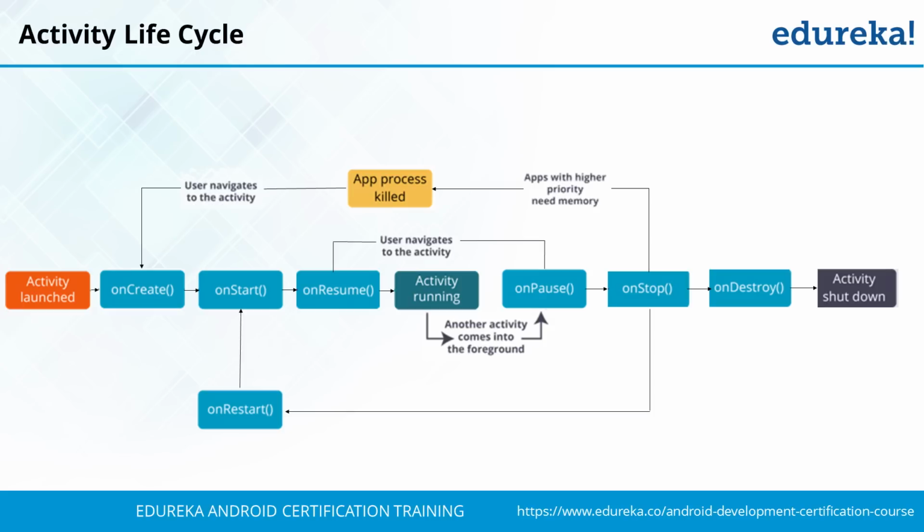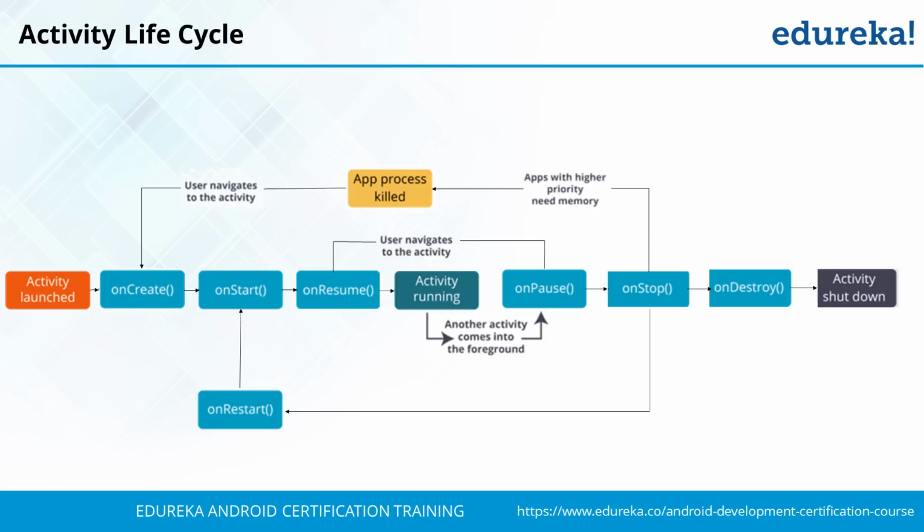But as soon as some other activity or some other component covers this activity, it goes in the background, but it is partially visible. So the UI is partially visible, but the user cannot interact. So the state of the activity goes to pause. Another activity comes to the foreground, but it is not covering the activity fully. So you can see the activity below in some inactive state. That's your pause state.